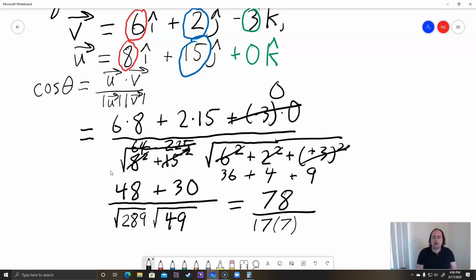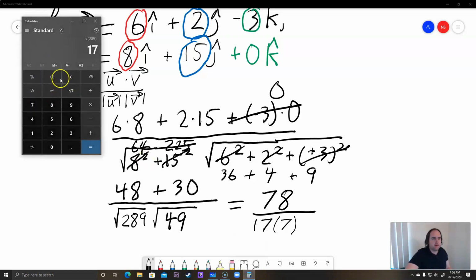Okay? And then I don't believe there are any common factors there, but you can always check on your calculator. You can try 78 divided by 7. That does not work. And then 78 divided by 17 also does not work. It just gives you a decimal.